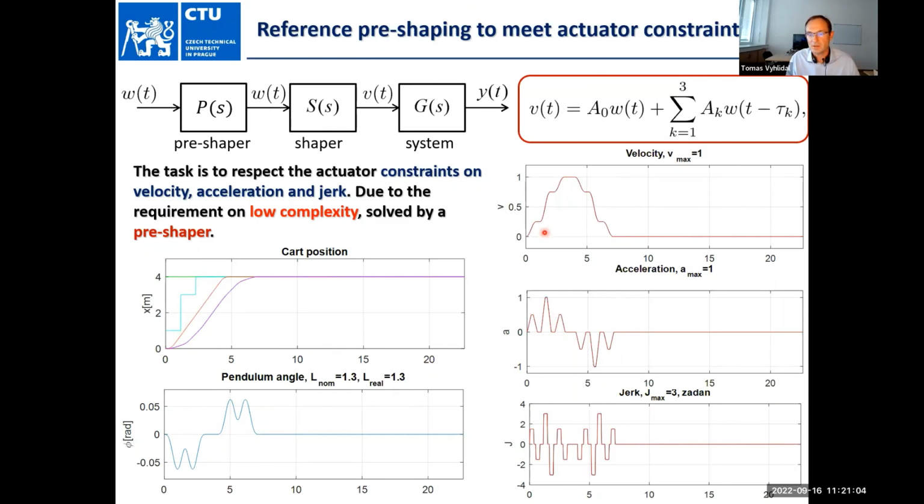So all these constraints would not be fulfilled, and we included a pre-shaper, a function by which we impose all the constraints. At the end we have a control action which is relatively easy to implement, has some robustness, and also fulfills the predefined constraints.